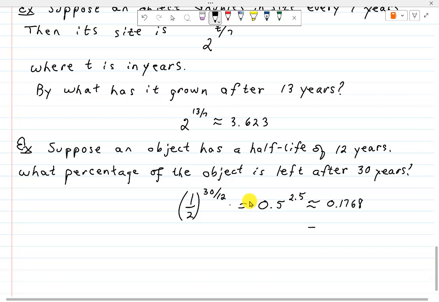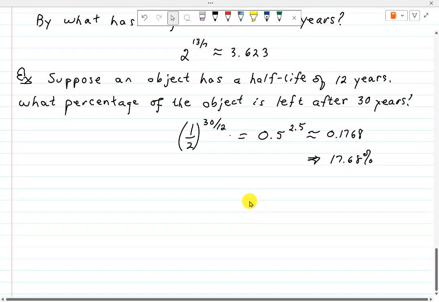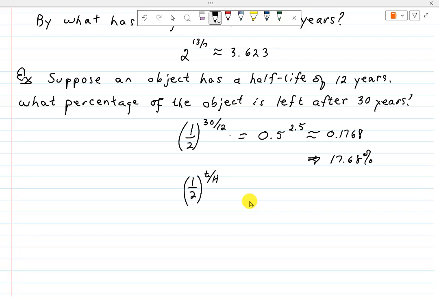And then with that, we can say that only 17.68% was remaining after 30 years. So the same formula works for half-life as the other one. Here you have 1/2 to the t over h, where h is the given half-life.